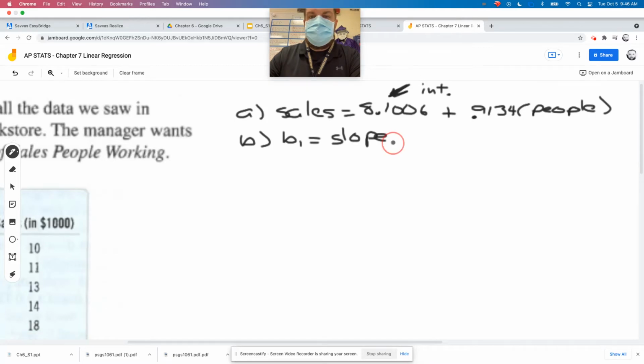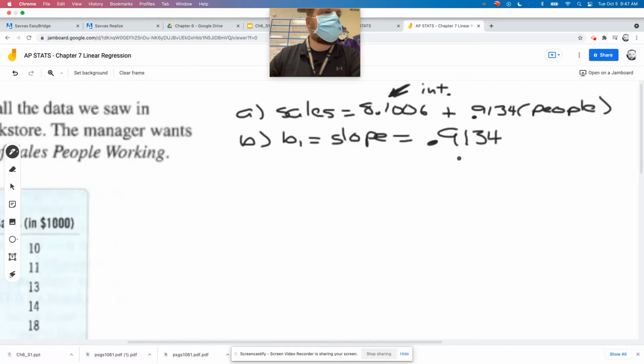So you would say that that is equal to the 0.9134 number.